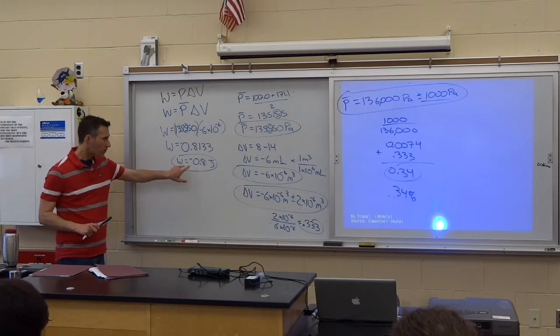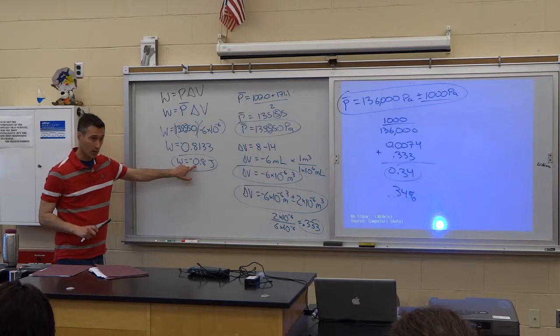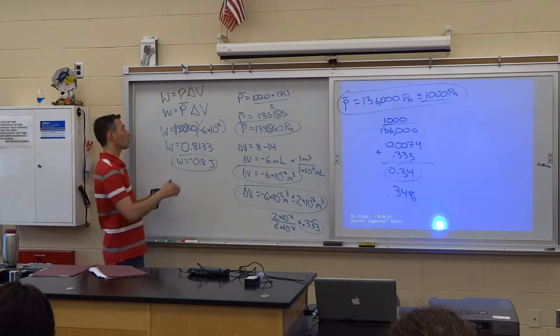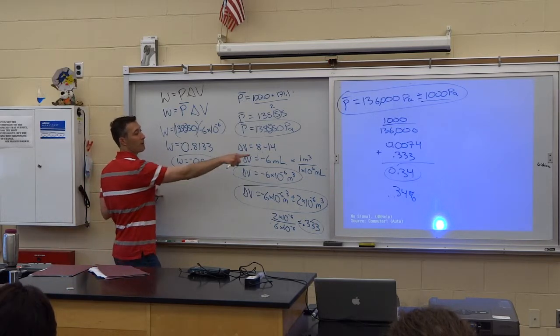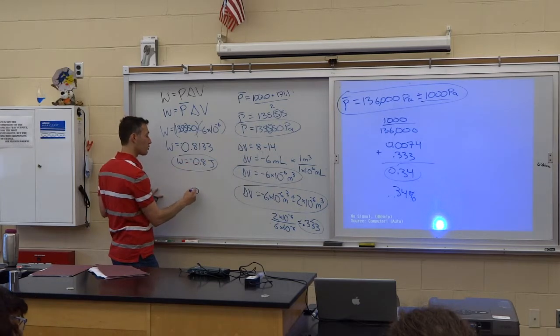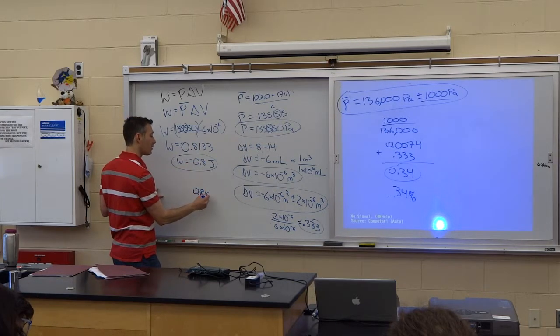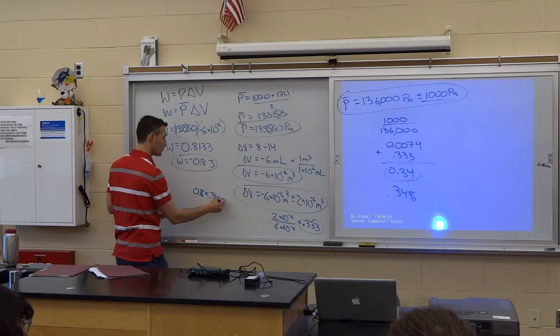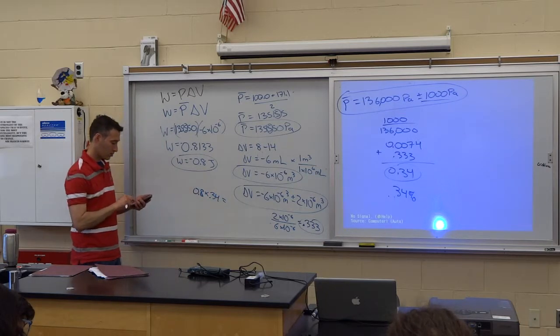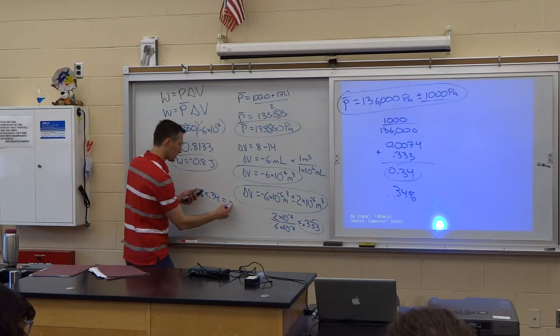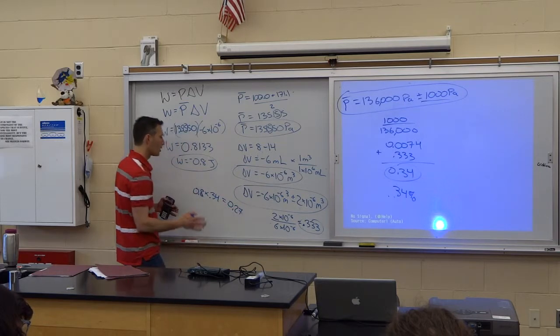We want to report the absolute uncertainty in that. To get the absolute uncertainty, I have to multiply this by the relative. So 0.8 multiplied by 0.34 gives me 0.27. Right?